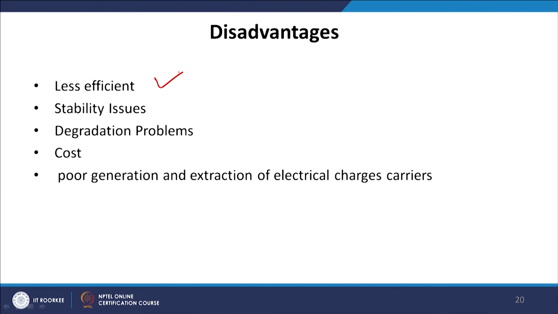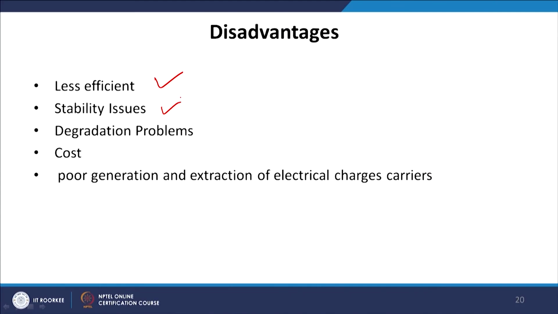Some of the disadvantages are that their efficiency is low in comparison to the first or second generation solar cells, but due to optimization this number is increasing every day. They have some issues with stability; some of them are not very stable. Once you design a solar cell, you also have to make sure it is stable to environmental conditions, like differences in moisture or humidity, and temperature variations. If you do not encapsulate these solar cells, then stability is a problem.